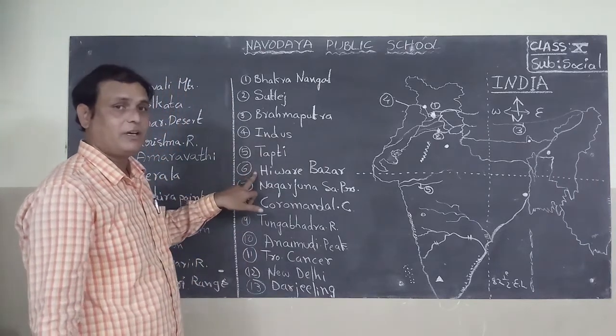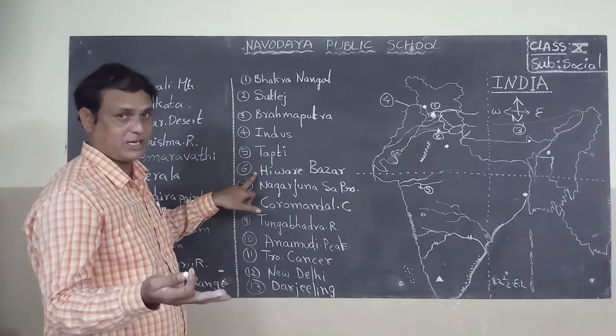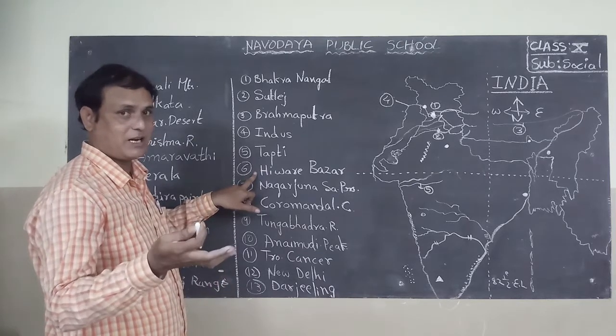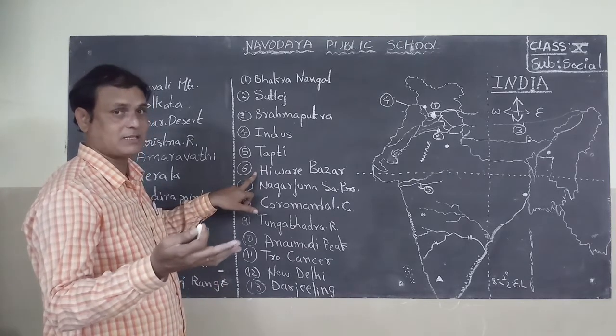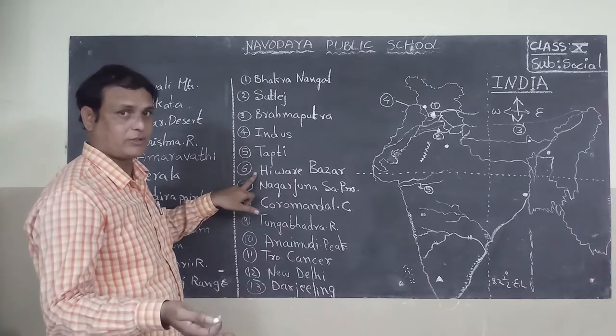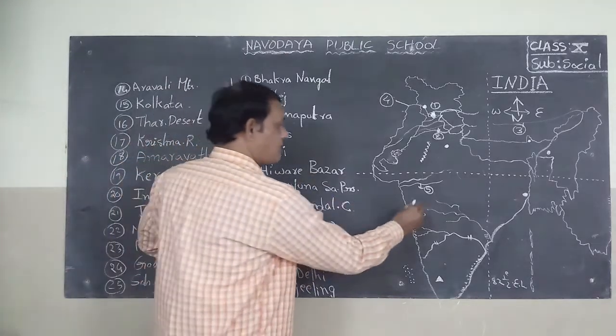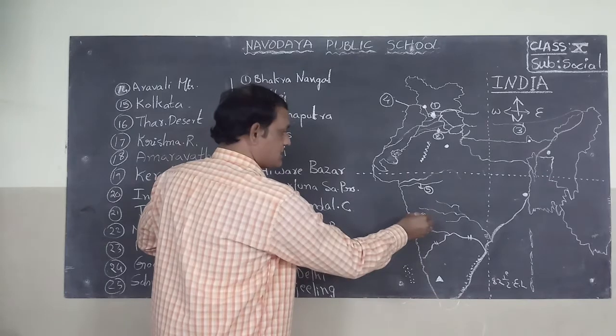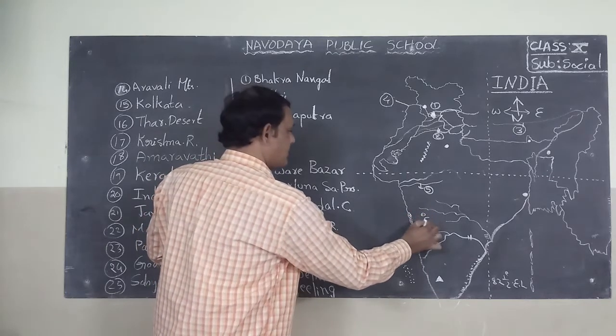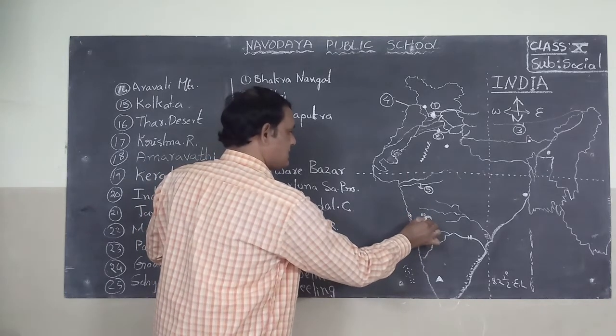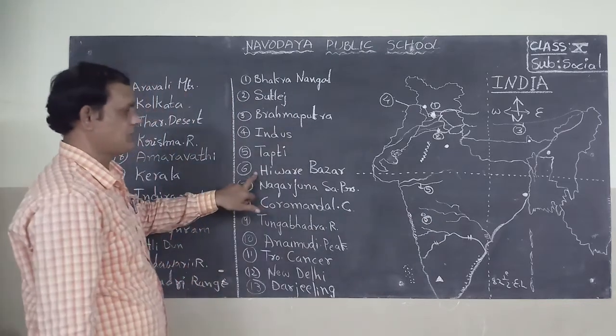I talked about Hiware Bazaar in the 5th lesson. It was selected and awarded by the central government as an Adarsh Grama Yojana. It is in Maharashtra. The index number is 6.